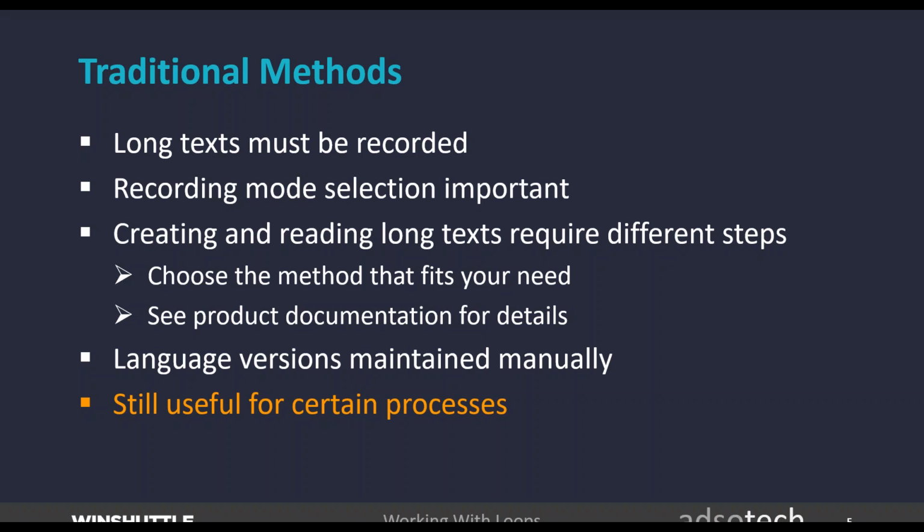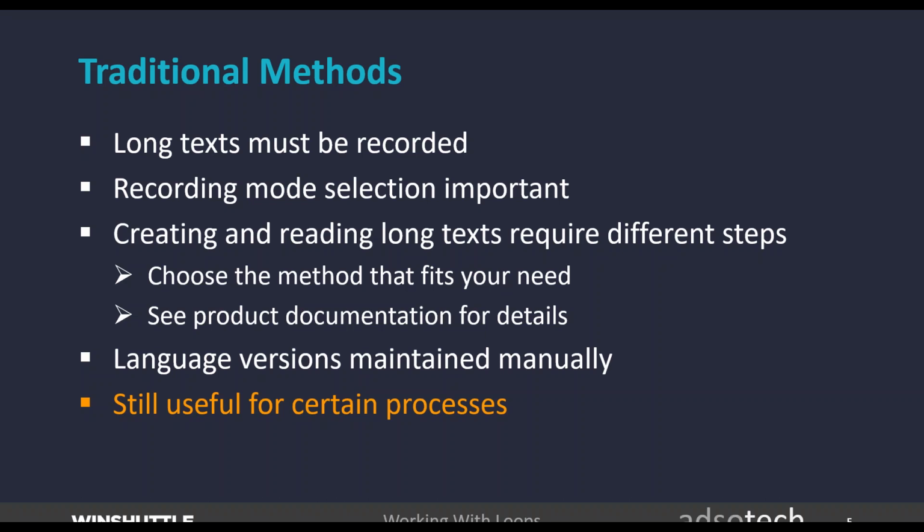So we are now moving away from these traditional methods, but it's good to know that these are still available if there are cases where you have to manually record a long text script. There's documentation you can look up on how to work with these manually.